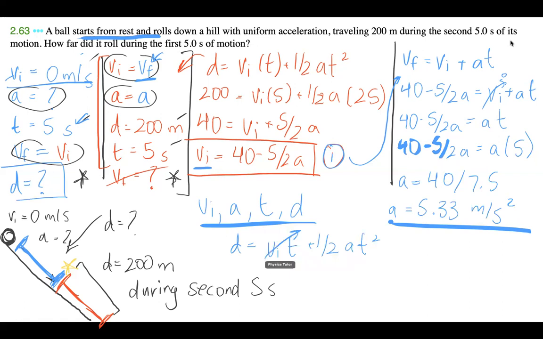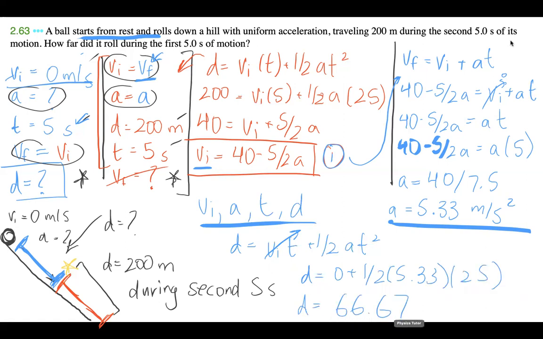We know that VI is 0, so D is equal to 0 plus half of 5.33 times 25. D is equal to 66.67 meters.